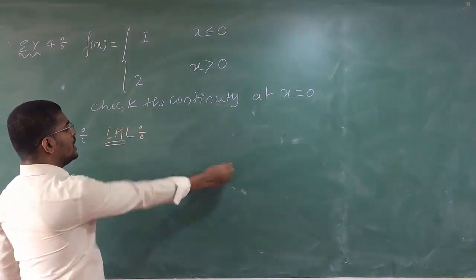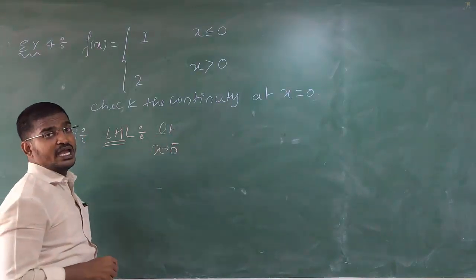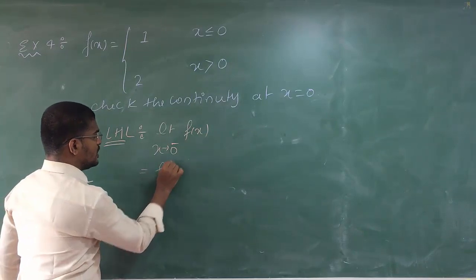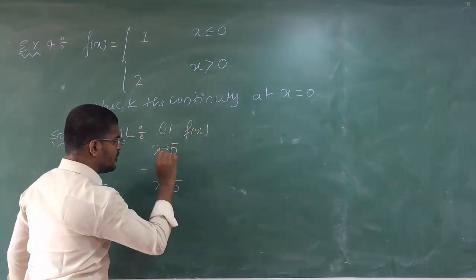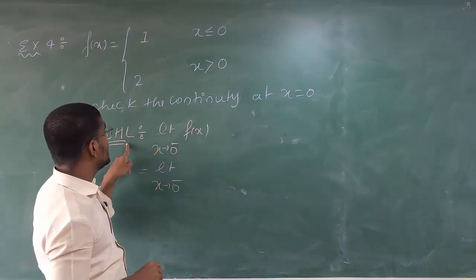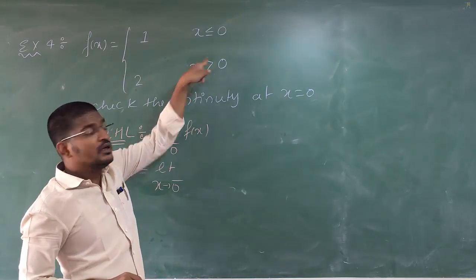Clear? Whenever the problem is given of this kind, please be cautious while calculating LHL and RHL. For LHL, limit x tending to 0 minus f of x, that is equal to limit x tending to 0 minus, what is your f of x for LHL whenever the function is given like this?